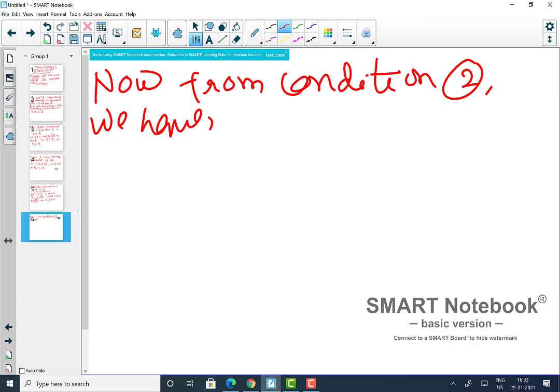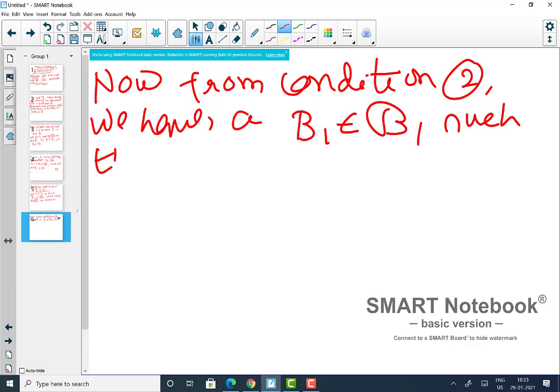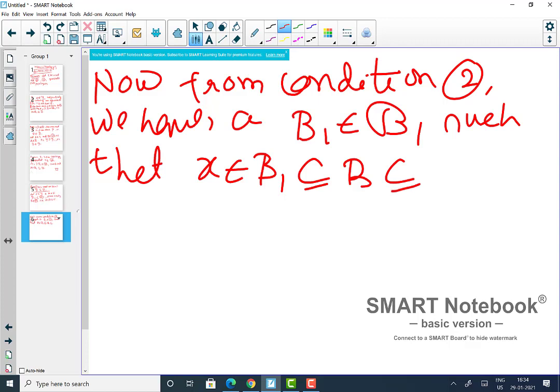We have a basis element B1 of the basis B1 such that my x is an element of B1, which is also inside B, but B is inside U, right?